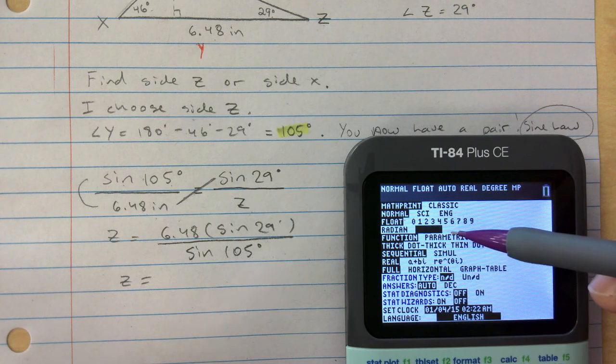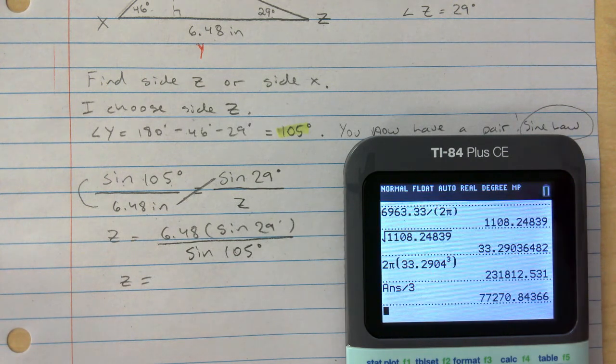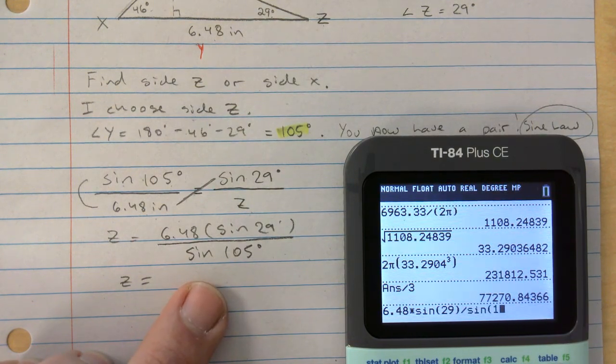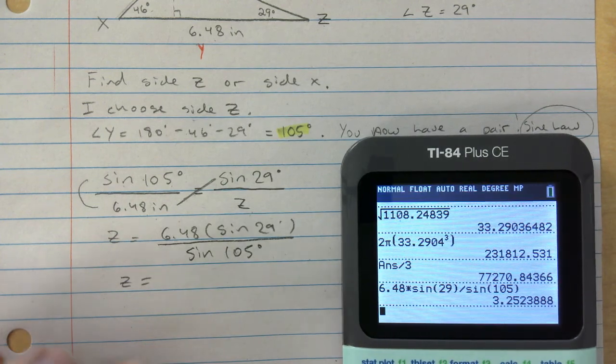Degree should be highlighted, right? Okay, so let's type that in, 6.48 times sine of 29 divided by sine of 105. Make sure you close those brackets. They sometimes cause issues if you don't. So that's 3.2523.